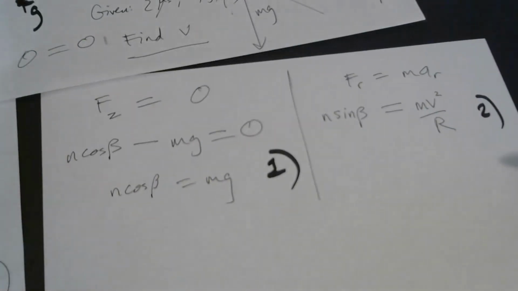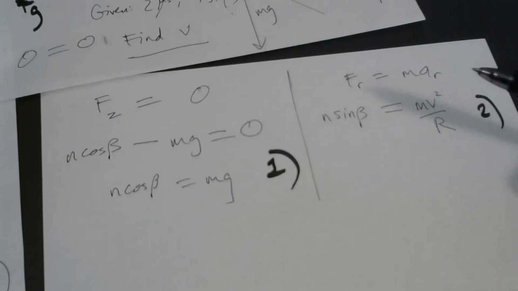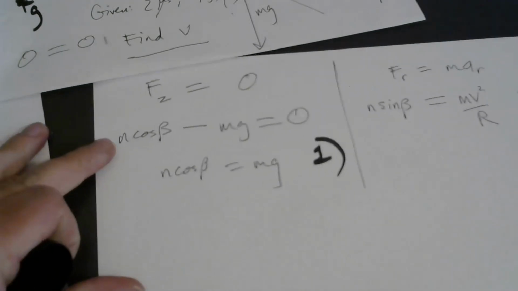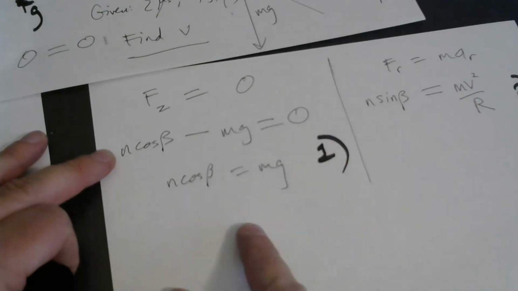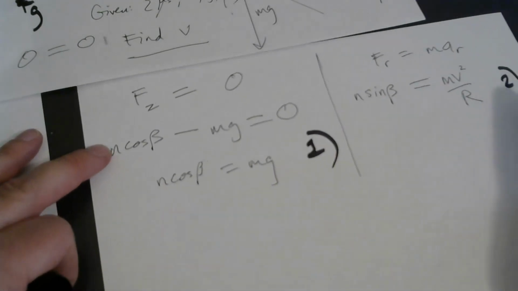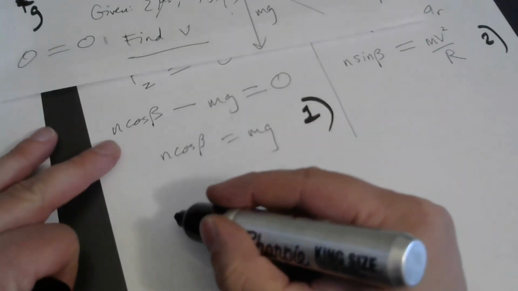Now, there's a couple ways you could do this. You could solve this equation for v and then substitute for N. That's fine. But the quickest way to do it, I think, would be this. Let's flip both equations. So put the v over there, flip this one, and then divide equation 2 by equation 1.